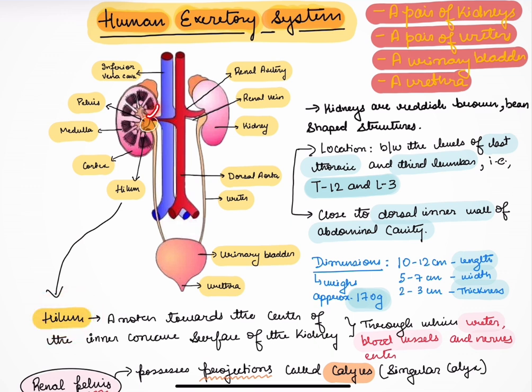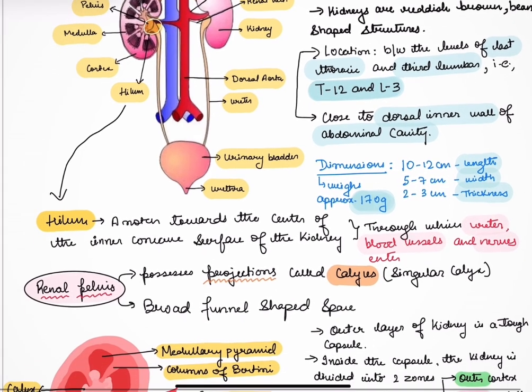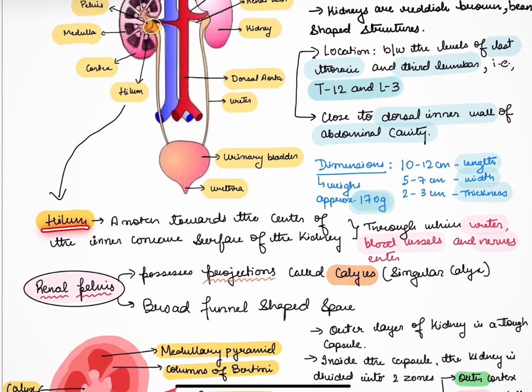Now, this kidney gives us the longitudinal sectional view. So here we can see the cortex, the medulla, the pelvis. We'll be looking at these structures in detail further. So let's move further. So as I said, hilum is a notch towards the center of the inner concave surface of the kidney, and through which the ureter, blood vessels as well as the nerves enter.